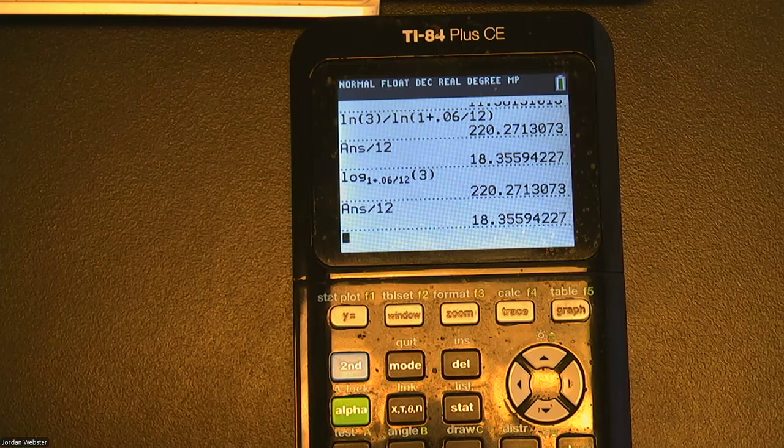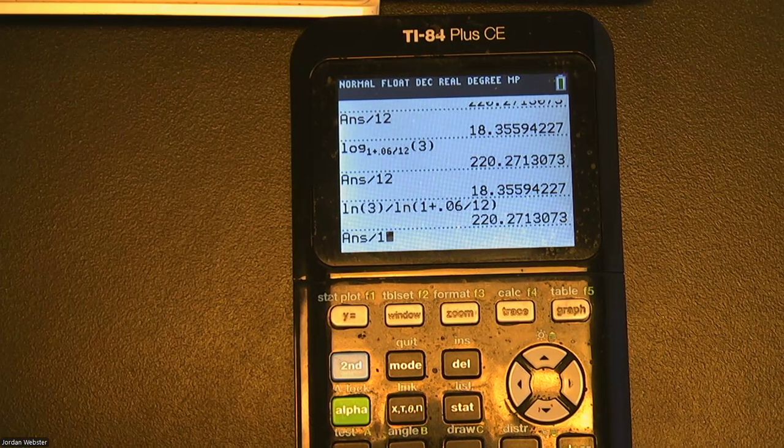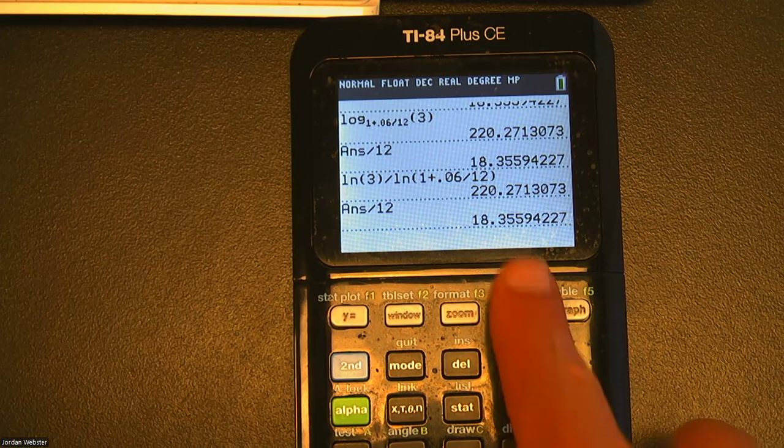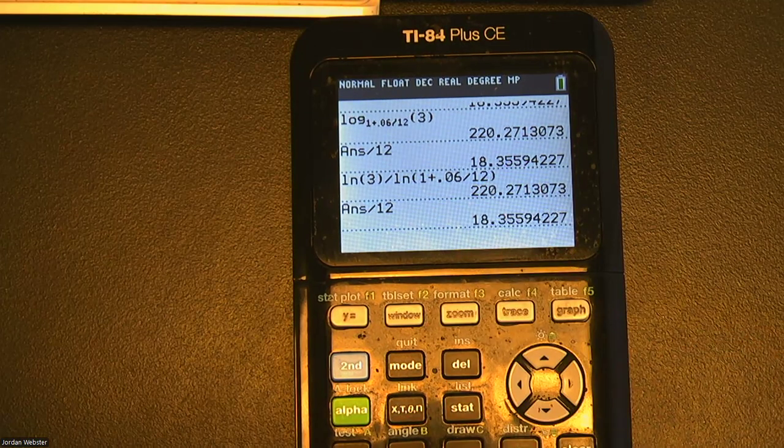By the way, if you did this by taking natural log of both sides, it would be natural log of 3 divided by the natural log of that ugly base. Hit enter, divide that by 12. Notice you get the exact same number either way. So whichever version of solving you want is perfectly fine.